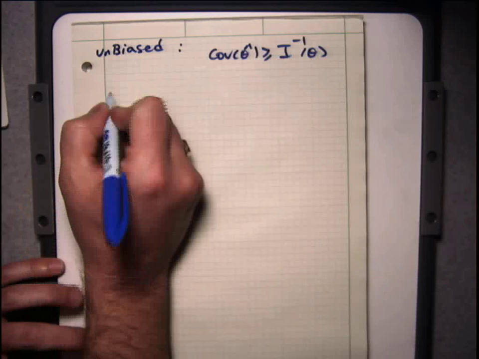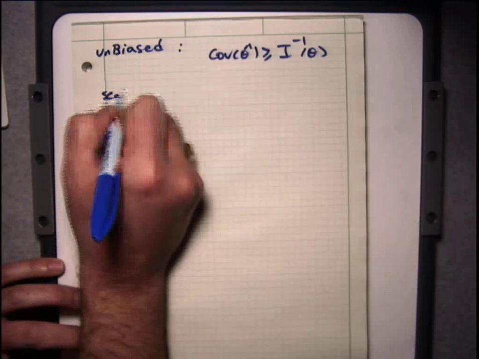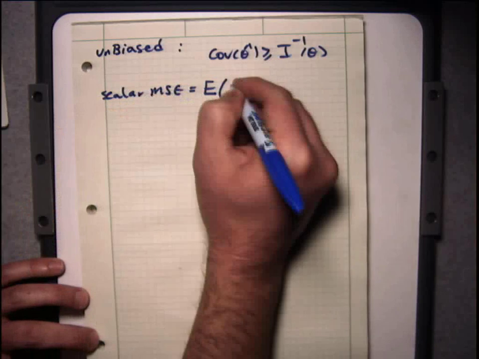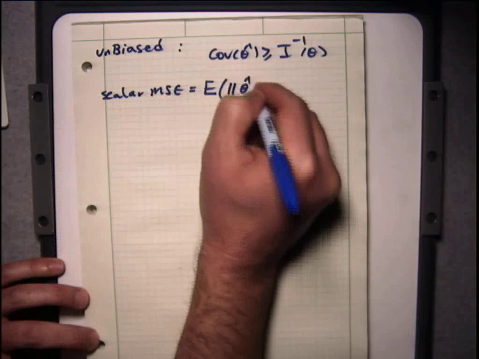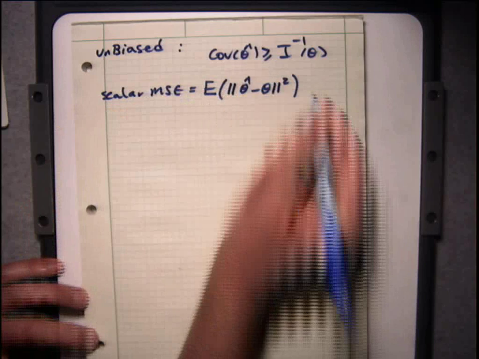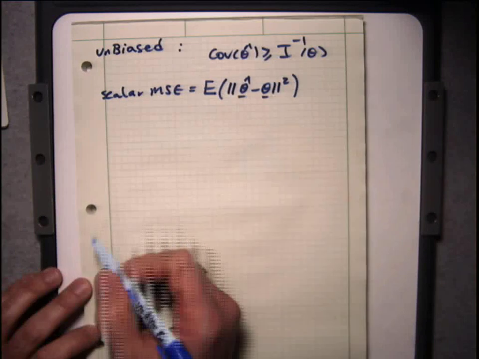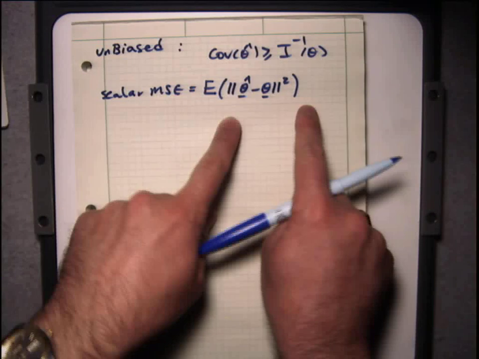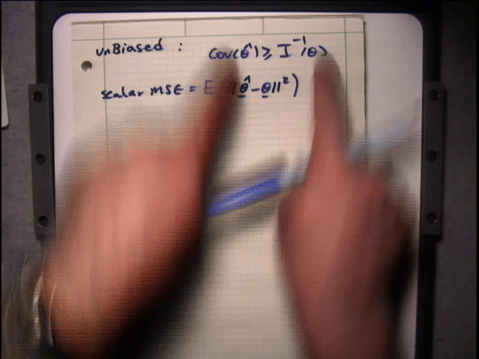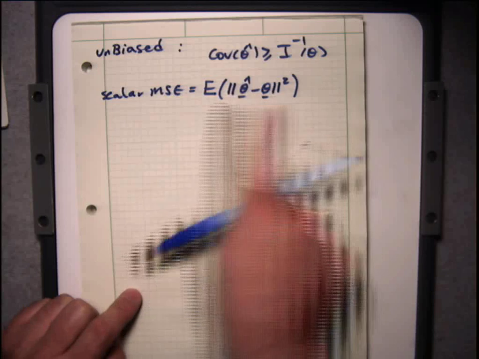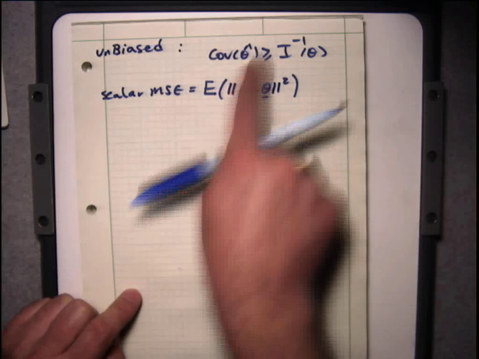Now, if I want to describe this with a scalar mean squared error, I can write this as the expected value of the norm of theta hat minus theta, squared. So theta here is now a vector. Now, if I do this, then all I have to do is basically take the trace of both sides, because this is, in fact, the trace of this matrix.